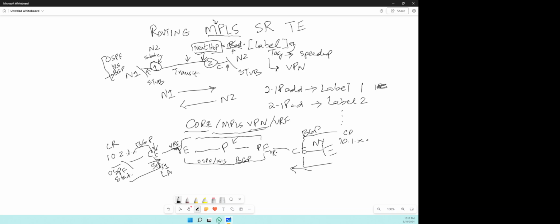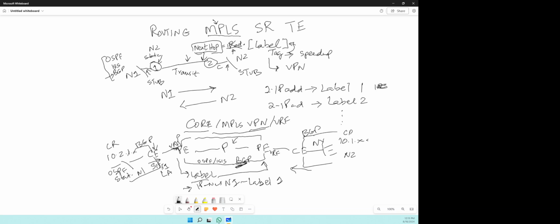And then he says that, hey, this loopback address of this PE is mapping. If you want to come to this network, let's just say this is network 1, network 2. If you want to come to network 1, use label 1. And this network 1 is a VPN label.